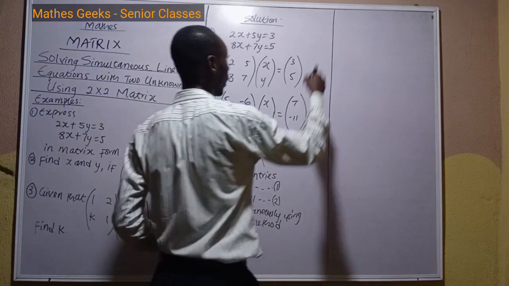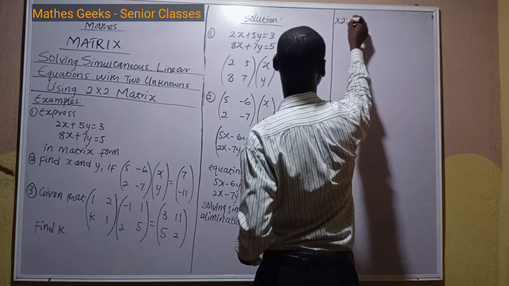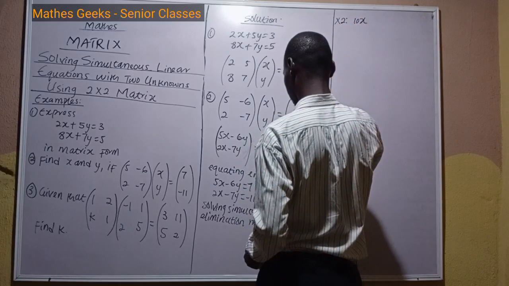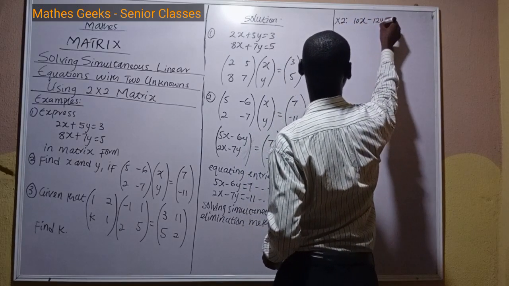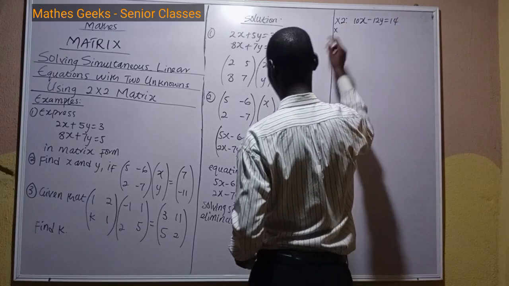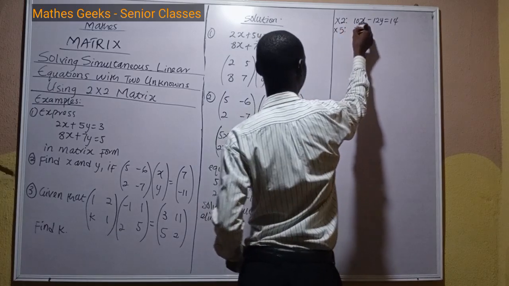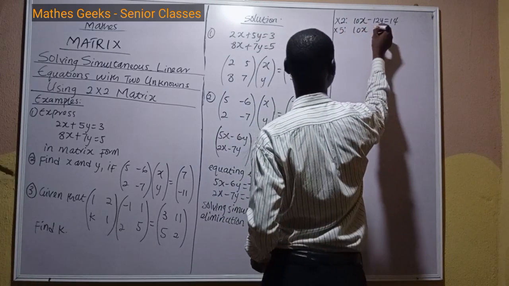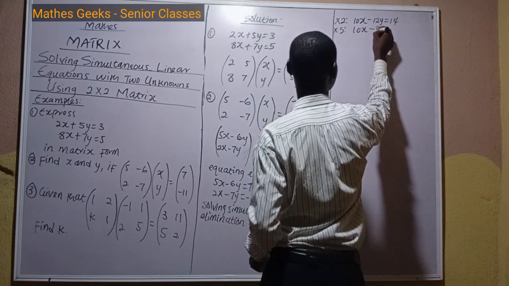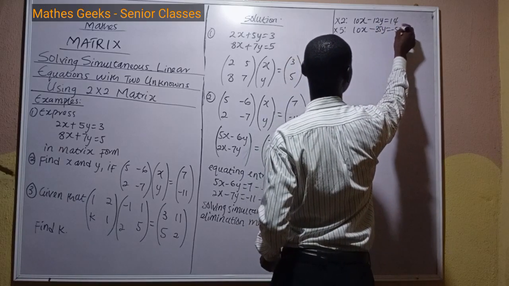So let me multiply equation 1 by 2. That's 10x minus 12y equals 14. And we multiply equation 2 by 5. So 10x minus 35y equals minus 55.